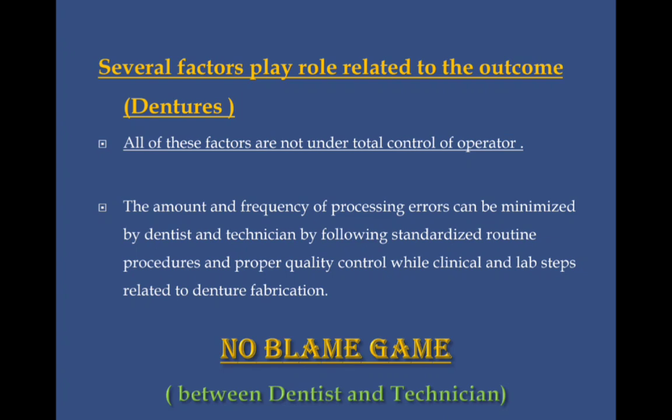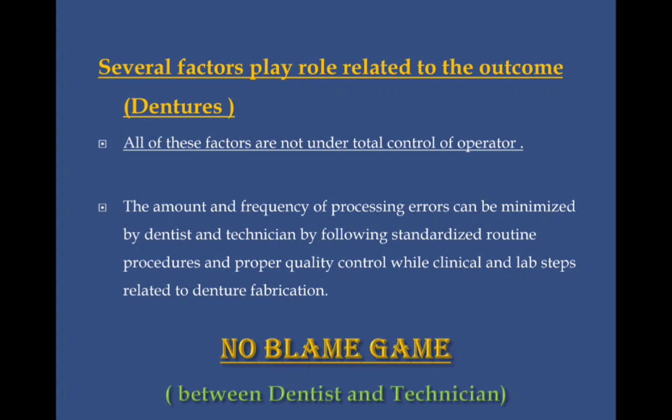So in such cases you need to communicate properly, and you should give your work to a skilled technician who is well versed with the principles of balanced occlusion, and knows how to arrange the teeth in balanced occlusion. You as a dentist are going to go through the occlusion and everything again during your try-in procedure. So without fail you must not ignore all these things.